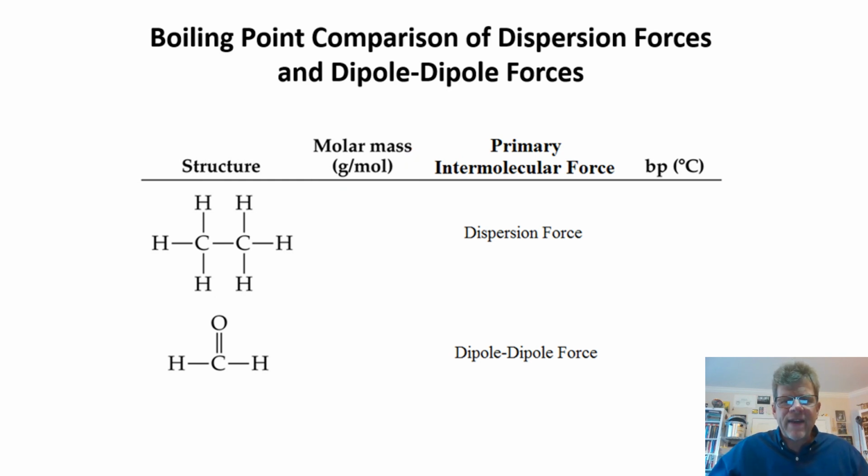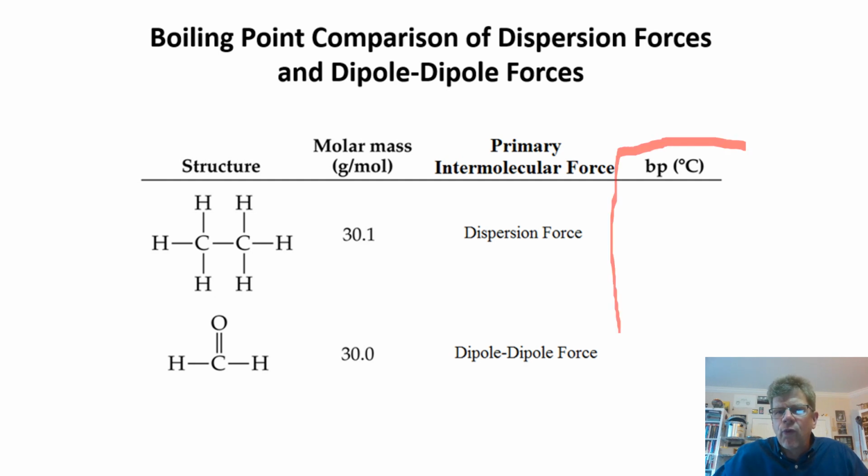So the molar mass of these two particles that we've looked at are just about the same. One is 30.1 grams per mole, one is 30 grams per mole. That's fine. As long as they're very close, that equalizes that variable, gets it out of the way, and now we just look for our relative or comparative boiling points.